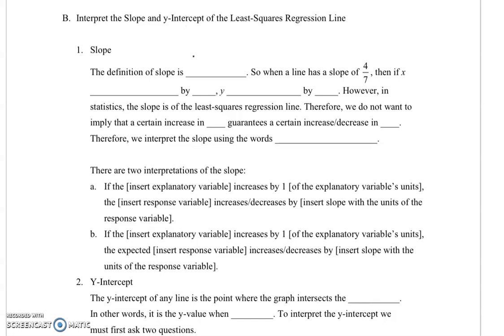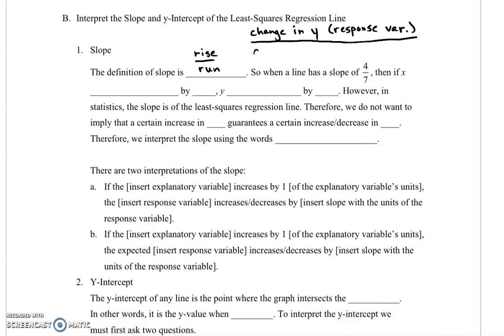So the definition of slope is rise over run, or you might hear people say change in y, which remember is the response variable, divided by the change in x, which is, remember, the explanatory variable.